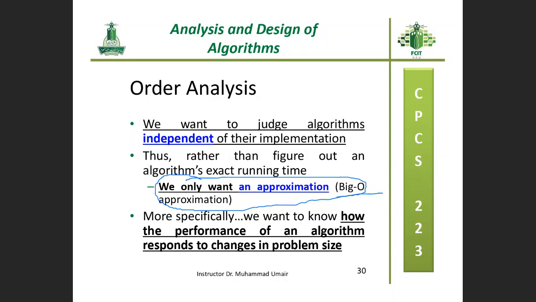So basically, whenever you have a polynomial function, you have to pick the highest order term. We want to judge an algorithm independent of its implementation. So the effect of the environment should be excluded. That's why we ignore all coefficient constants. And rather than figuring out the exact running time, we are just approximating with the help of big O. And lastly, the basic idea of analysis is to determine how the performance of an algorithm responds to the change in the problem size.